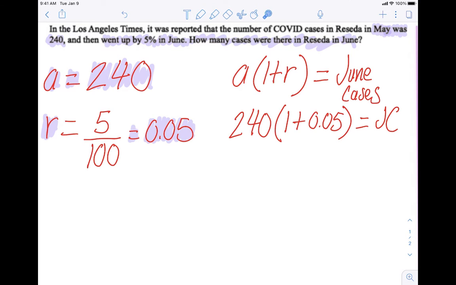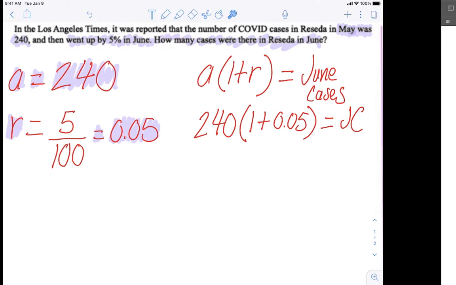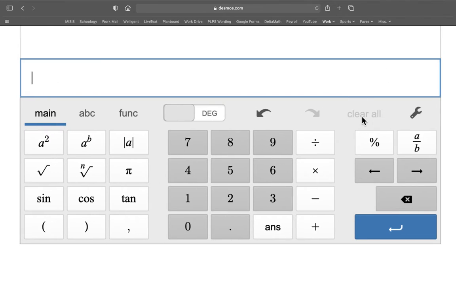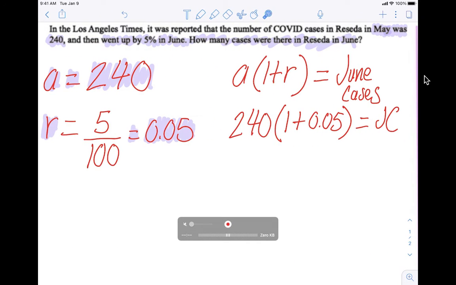So 240 parentheses 1 plus 0.05 close parentheses gives me 252.